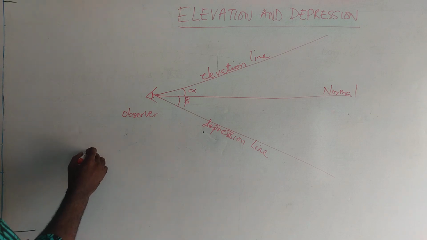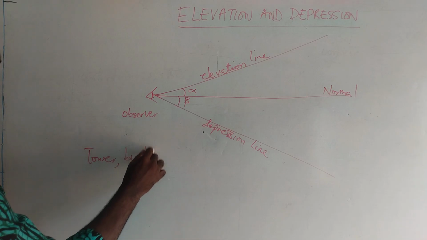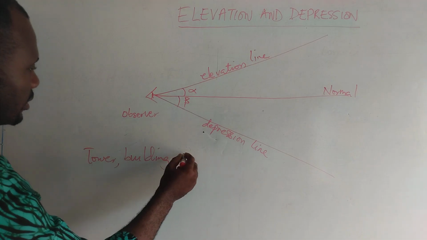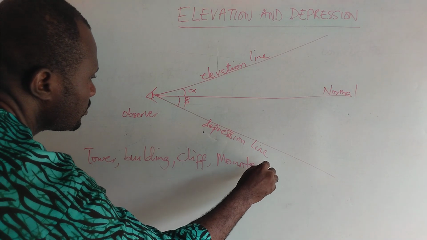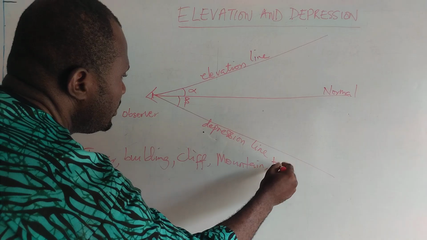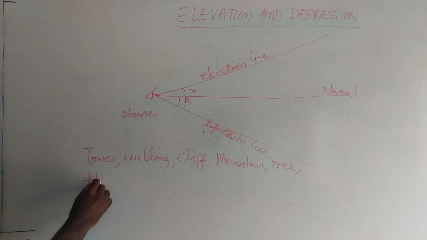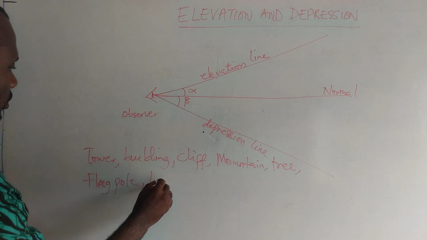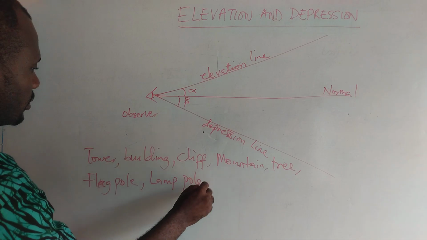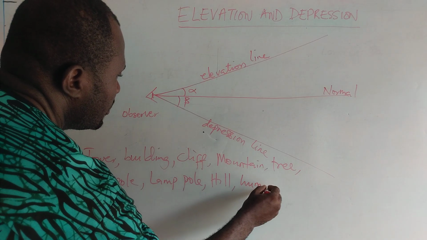Objects like tower, building, cliff, mountain, trees, flagpole, lamp pole, hill, and human height.